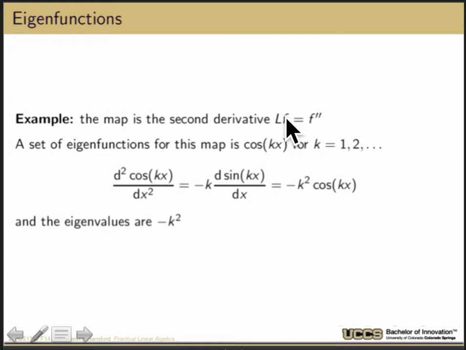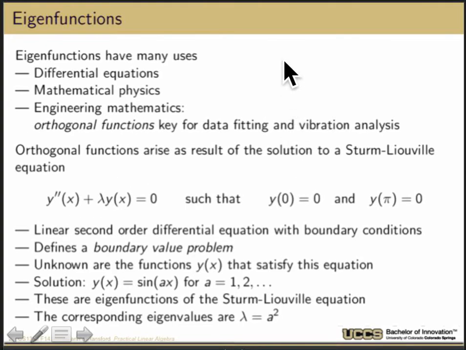Now you might be wondering, why in the heck does anyone care? Well, it turns out that eigenfunctions have many uses. If we think back to the idea of an eigenvector, eigenvectors are the directions in which things don't change as I reapply the map over and over again. They become sort of stationary directions. If we think all the way back to the Tacoma Bridge and those variations, those were modes of vibrations of mechanical structures.